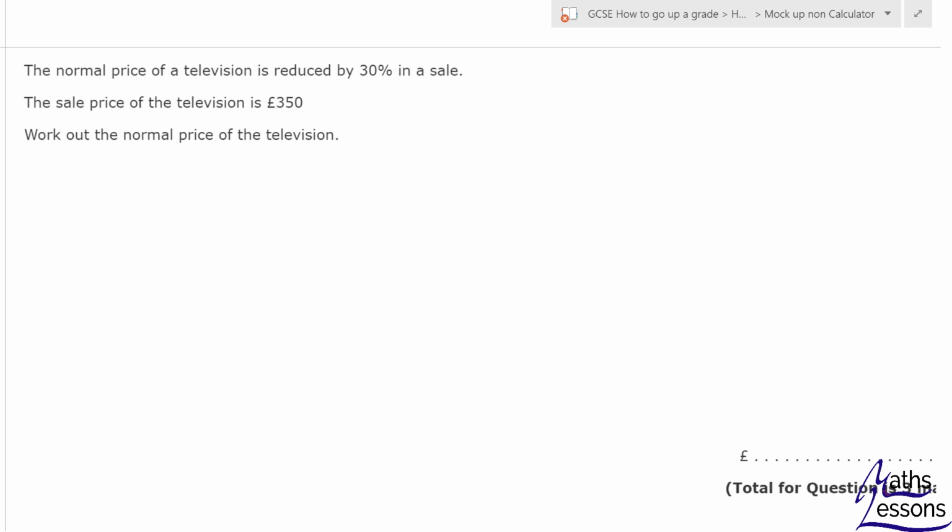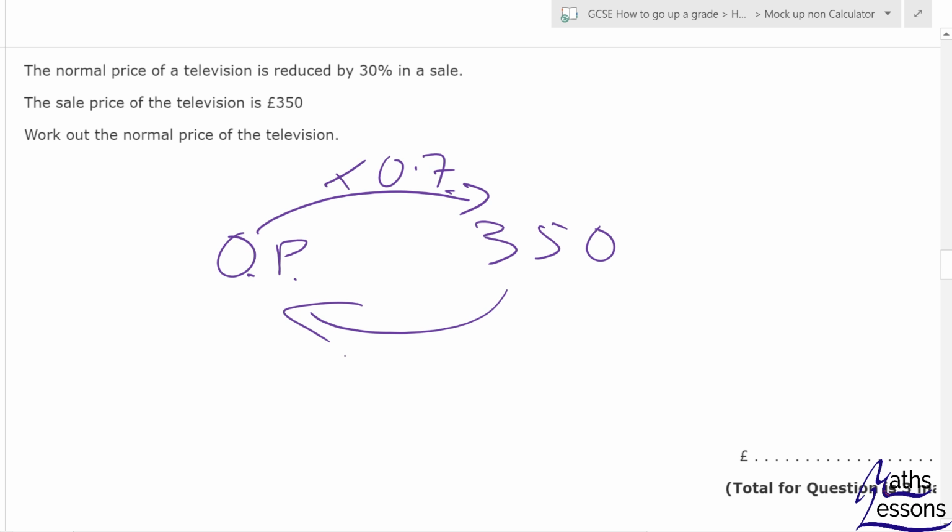Right, here we go. So let's do this question. It's been reduced by 30% in the sale. So therefore, there's the original price here, and we're going to work out our multiplier. So we're going to times by 0.7 to get 350. So therefore you have to divide by 0.7 to get the original price.